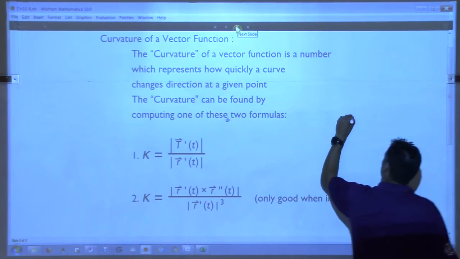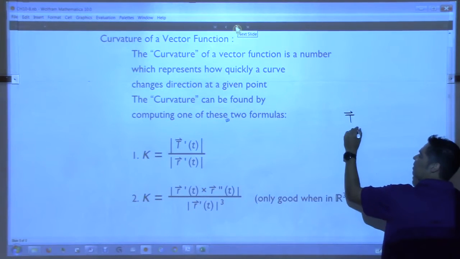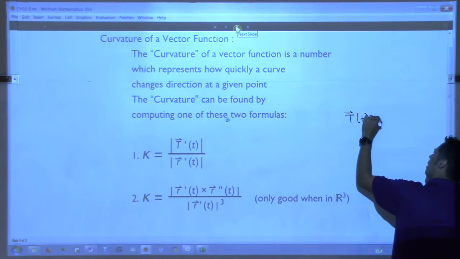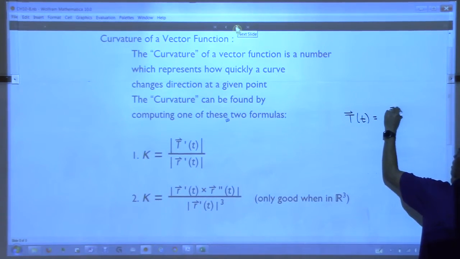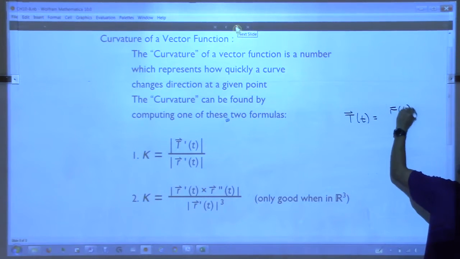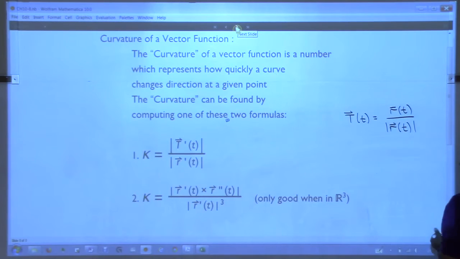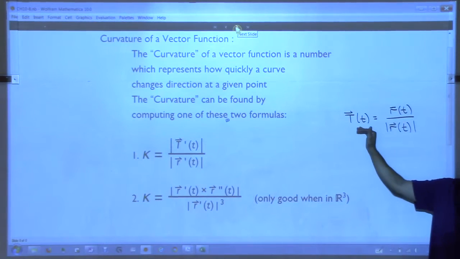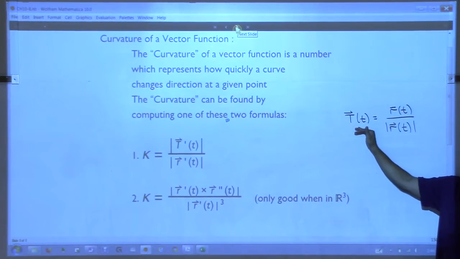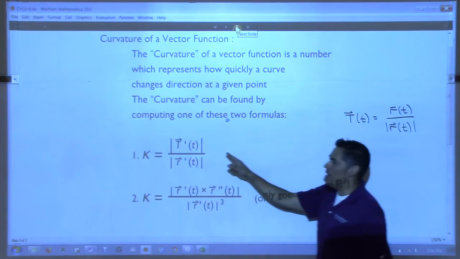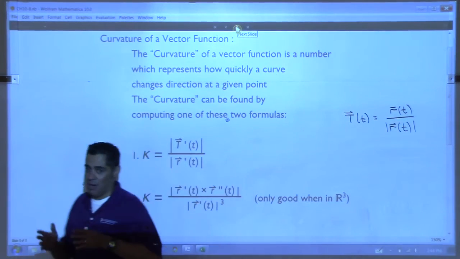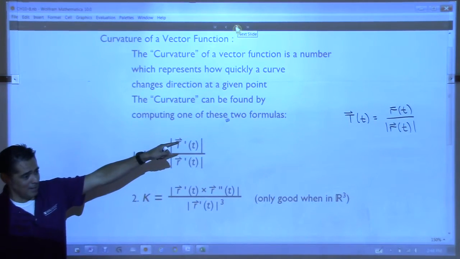The capital T of t is r'(t) divided by its own length. So if we start with a vector function and divide it by its own length, we get the unit tangent vector function. And this wants us to take the length or the magnitude of the derivative of that.